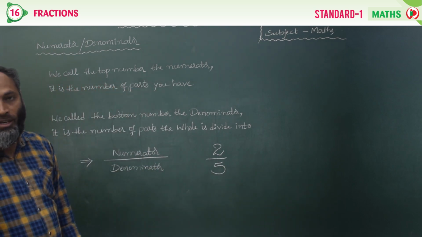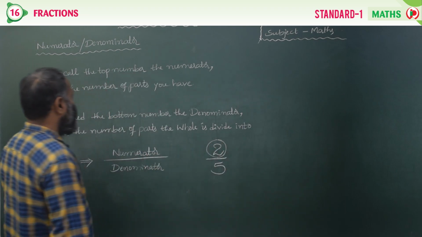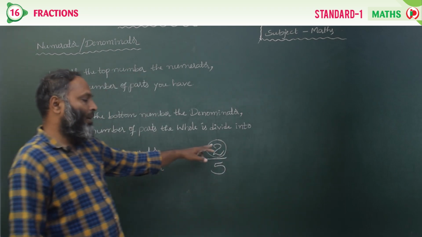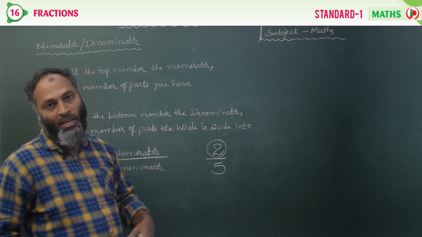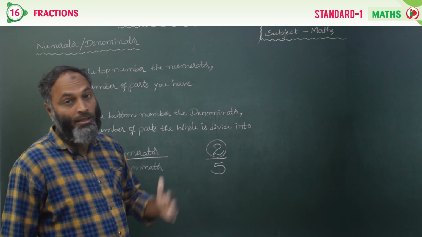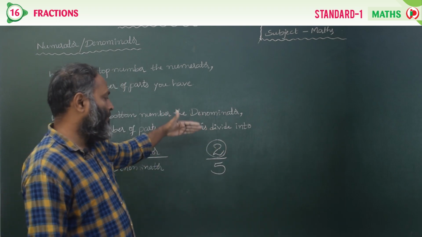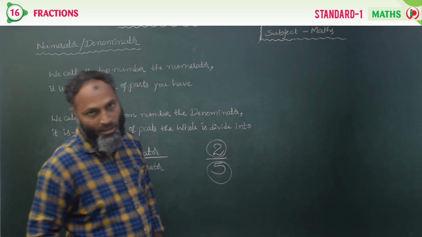The top number is the numerator. How many parts we ate, how many parts we have, that is the numerator, and it is always on top. The denominator is always down.